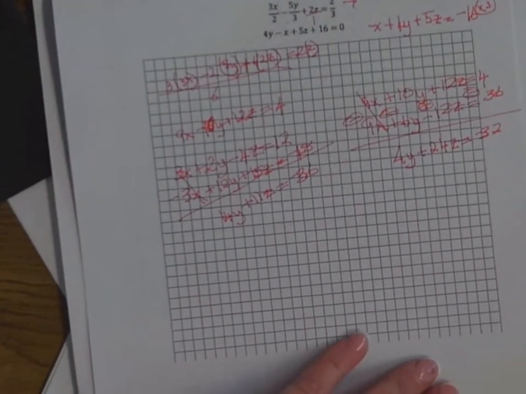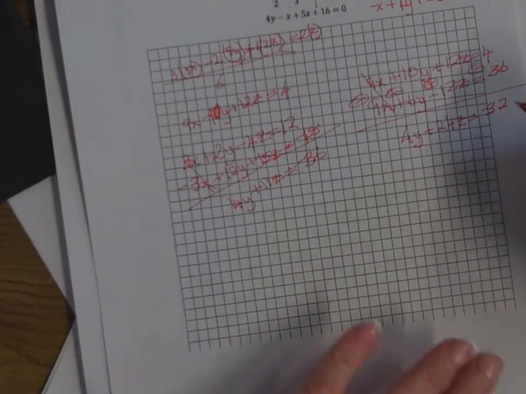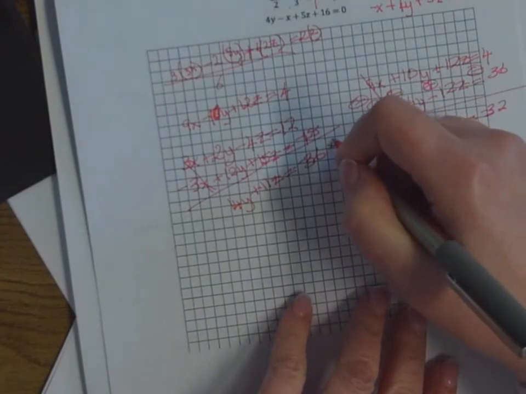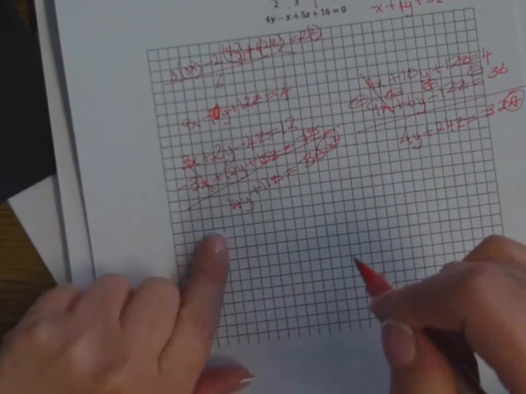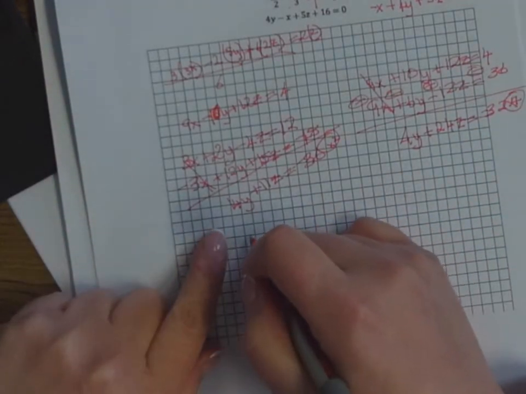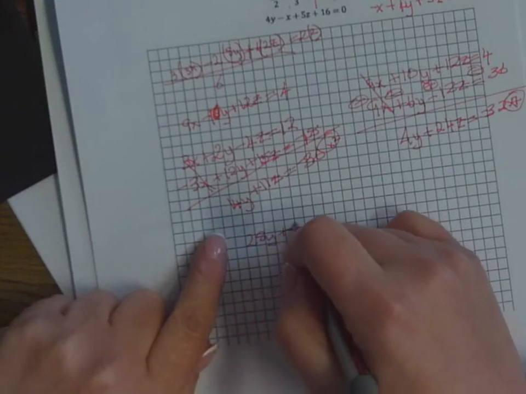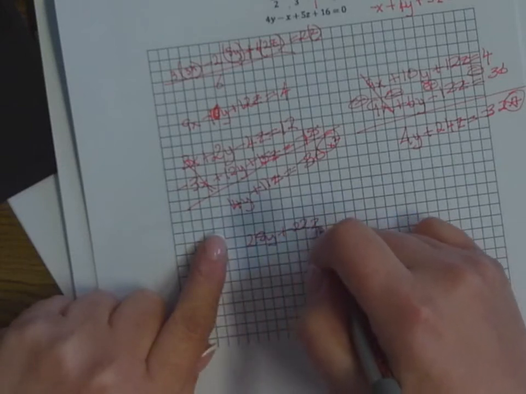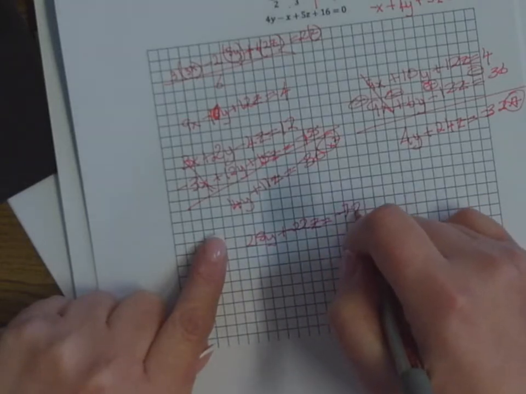Okay, then I'm going to take these two together and I'm going to cancel them. So I'm going to multiply this one by 2 to make it 28y, and I'm going to multiply this by 7 to make it 28y. Is that okay? So multiplying the top one by 2, I get 28y plus 22z equals minus 36 times 2 is 72.